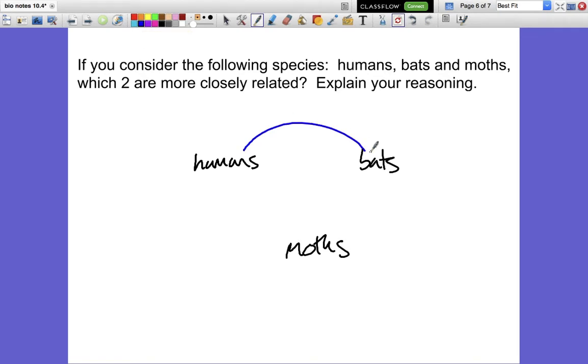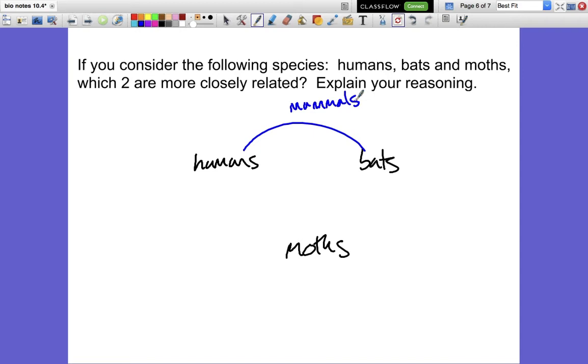But what you're going to be tempted to do that you can't do is use labels. You're going to say that they're both mammals, but mammals is just a label. It doesn't actually give any reasoning. You're supposed to use underlying structures that these organisms have in common to explain your reasoning.